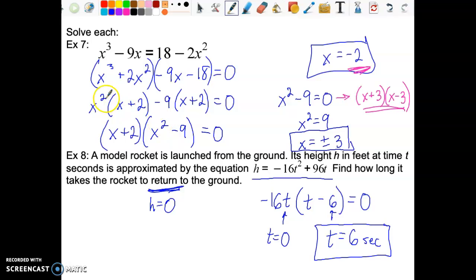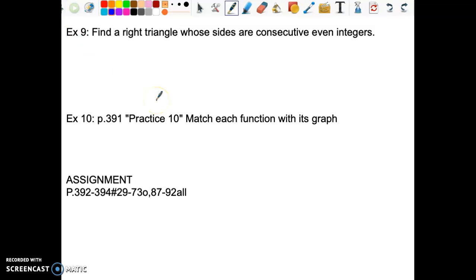So you're doing more of the same thing. And I'm well aware that I'm going fast through these problems, but I have confidence that you are capable of doing this. The main thing with the next one is if we have a right triangle, that means that we can follow the Pythagorean theorem, a squared plus b squared equals c squared.